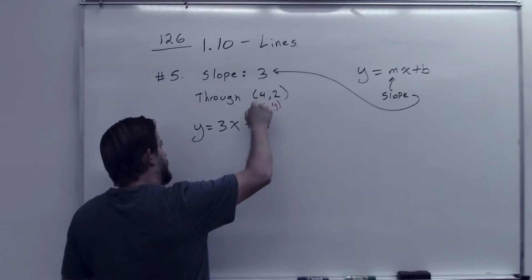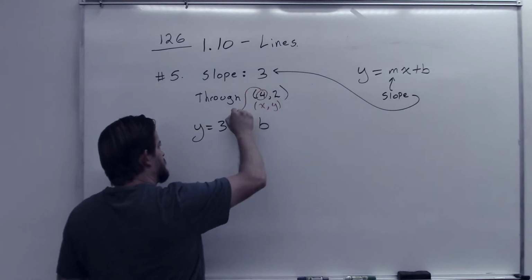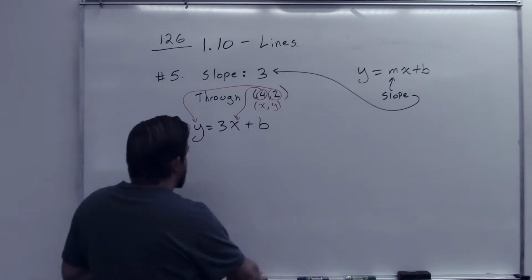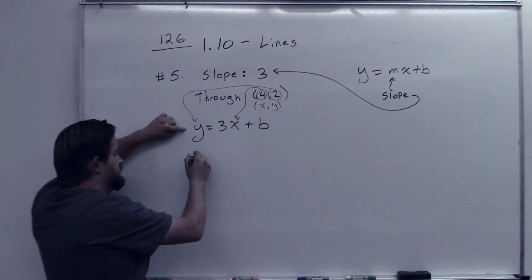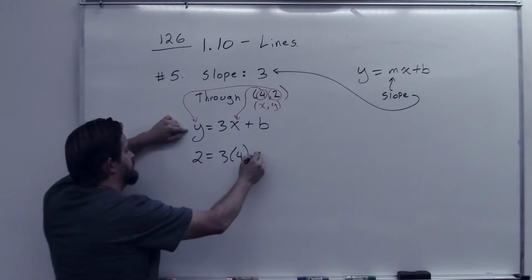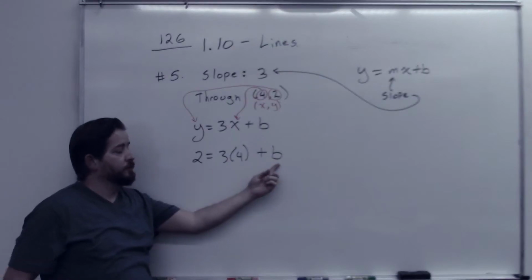And I can plug in x and y into this equation to solve for b. So make sure that 4 goes into x and 2 goes into y. And if I do that, then I get 2 = 3 times 4 plus b. And by plugging in that x and y, I can solve for b.